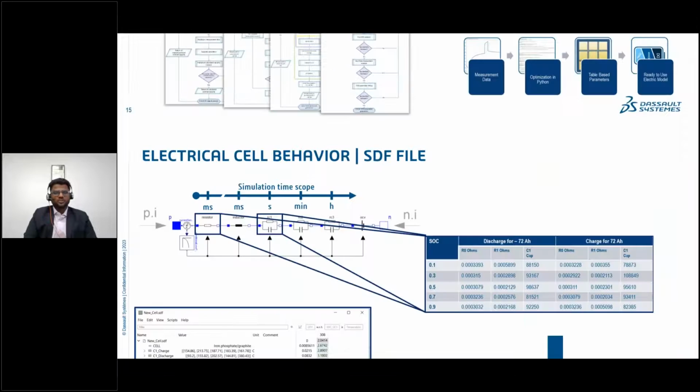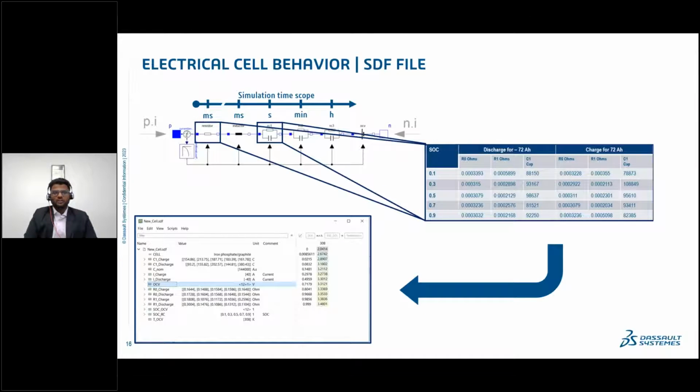This is a quick snapshot of how these table-based models are run. On the top left, you can see a circuit of your cell, which is a series and parallel combination of different resistors and capacitors. Using them and applying different charge and discharge values, we get outputs for our serial resistor, our resistors in parallel, and the capacitor.